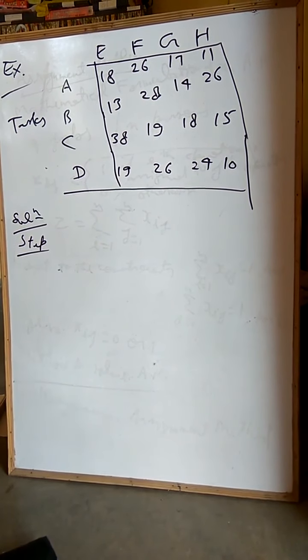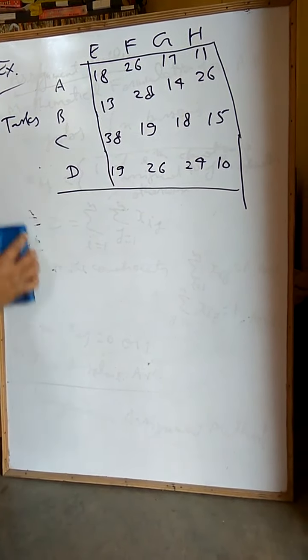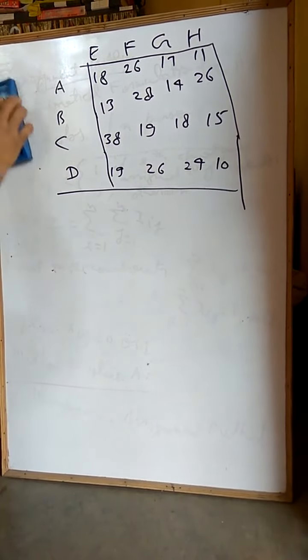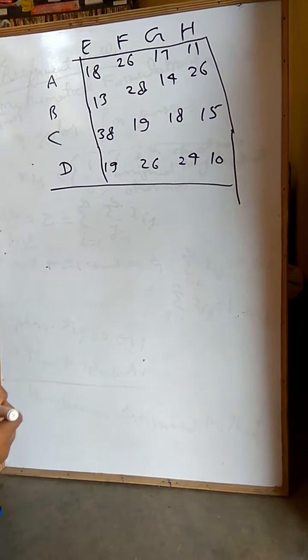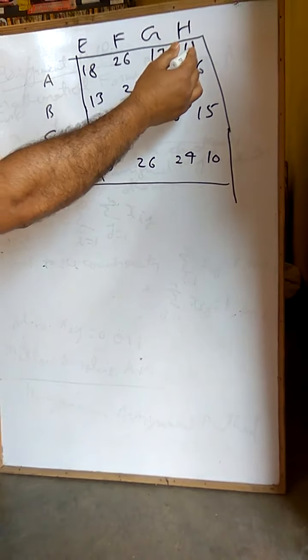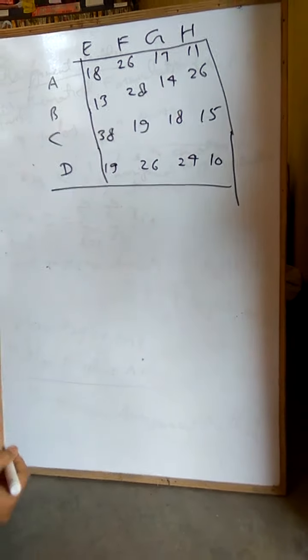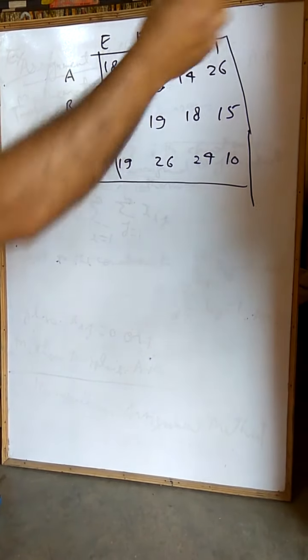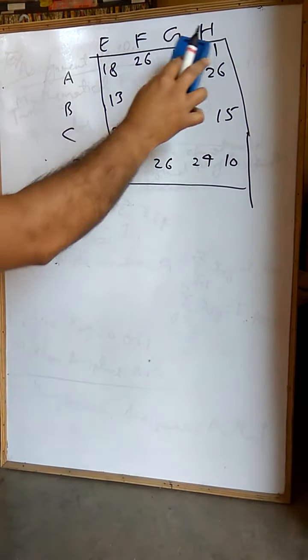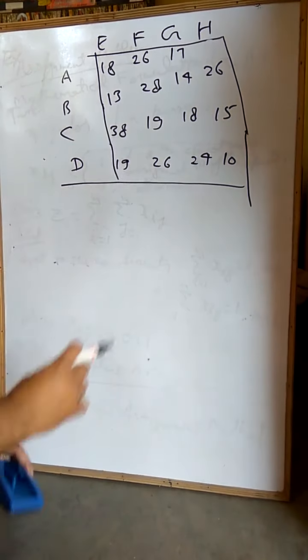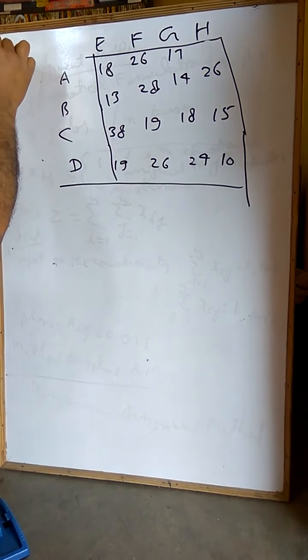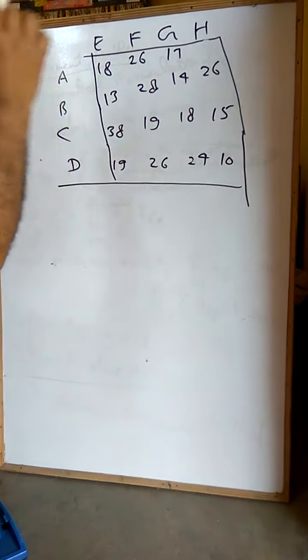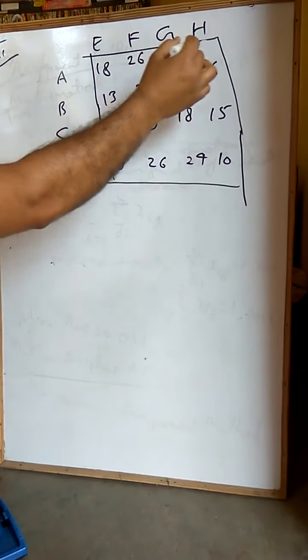So next, here the smallest number is 11. When you subtract this 11 from all other numbers, the first row will be changed to, suppose this initial table is our T0, this is our table 1.